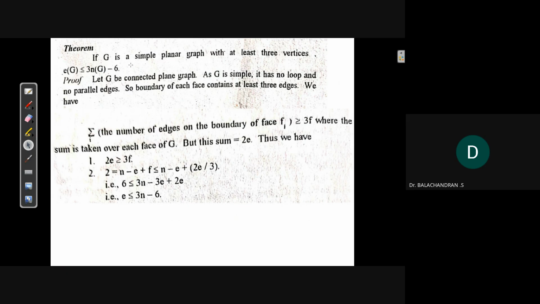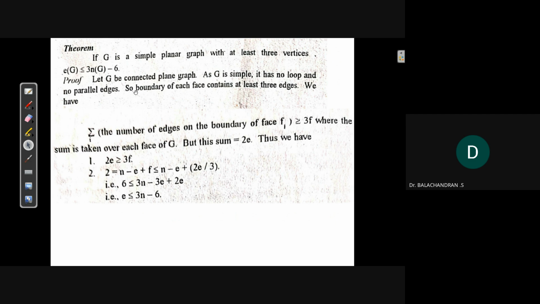If it is a planar graph, then this inequality is satisfied. G is a connected plane graph. As G is simple, it has no loops and no parallel edges. So the boundary of each face contains at least 3 edges.